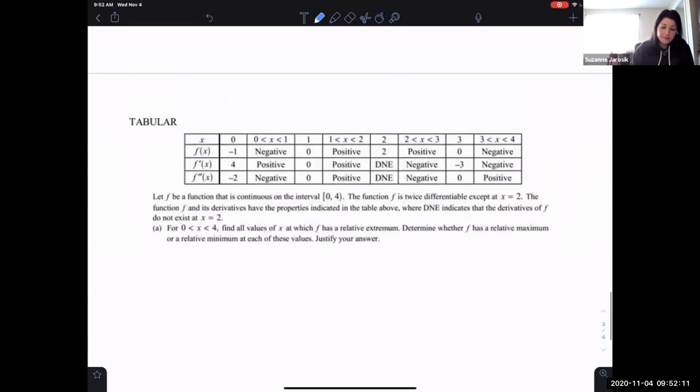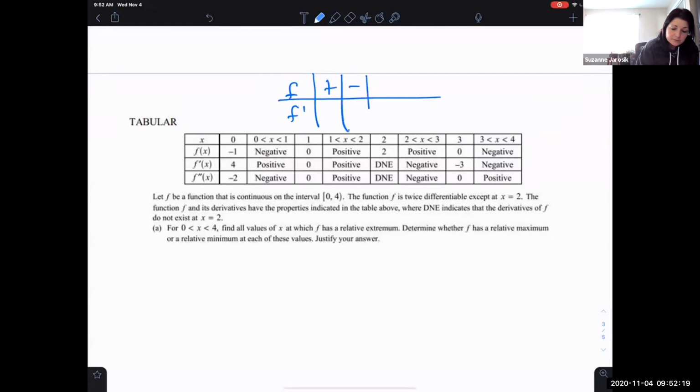All right, so the beginnings of the table, and we are right here. So we would be looking for F prime.